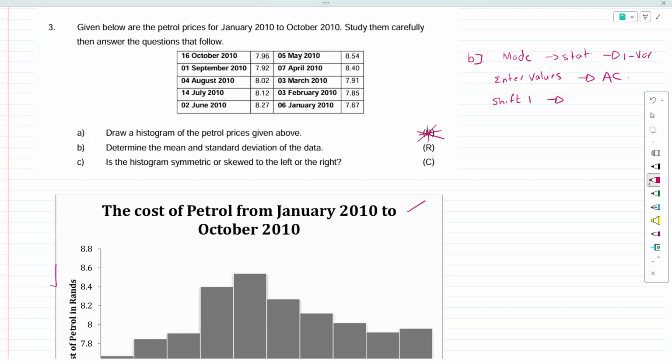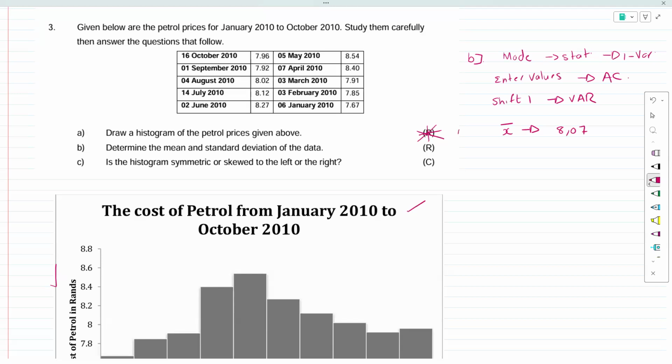We're going to go with variance. I'm putting variance in case on my calculator it's number 4. On your calculator, it could be something else. And we're going to look for the mean, which is number 2 in my calculator. And I got the mean is 8.07.